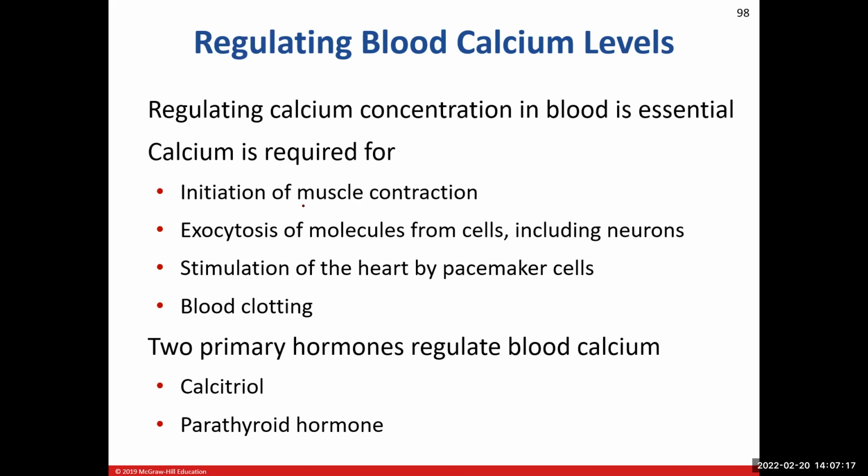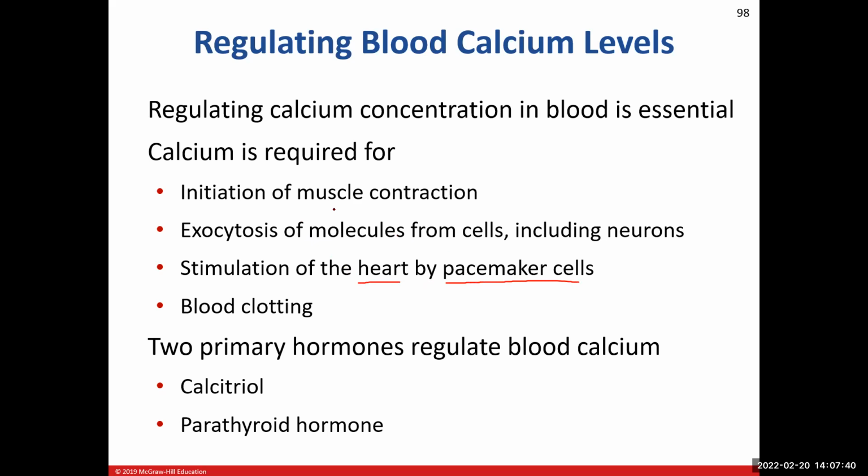And then we also need calcium to initiate the process of exocytosis of neurotransmitters from neurons specifically. We need calcium to help with heart contraction and for the nodal cells, what we call pacemaker cells. And then, of course, blood clotting.